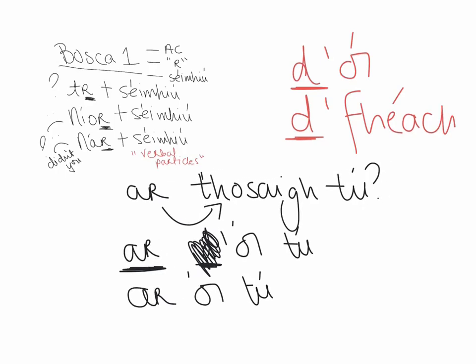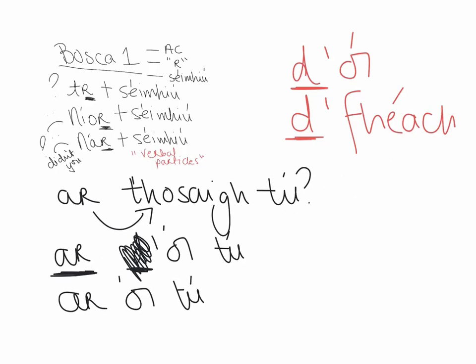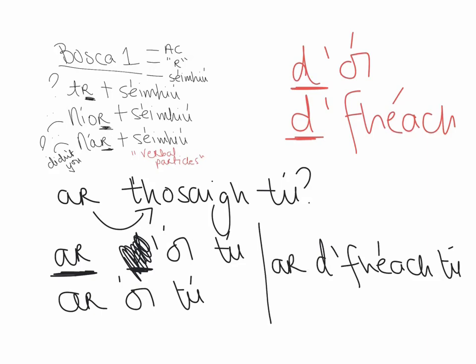It will be the same if we had, say, the likes of deach. So we would have deach tú, is you watched. Deach tú. So I want to make a question, say, I'm going to put in an, but I cannot have two verbal particles.